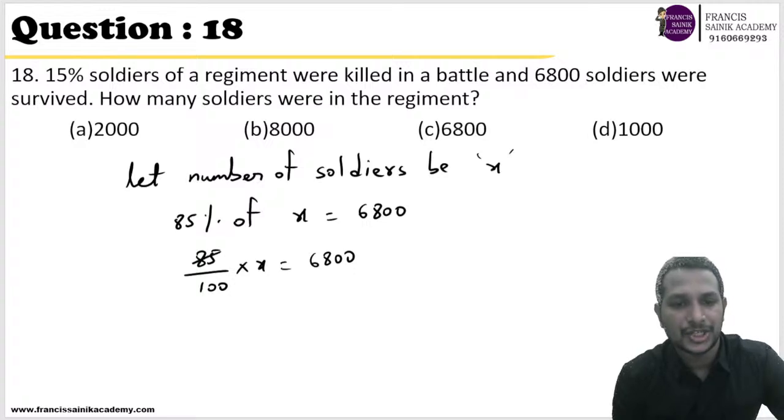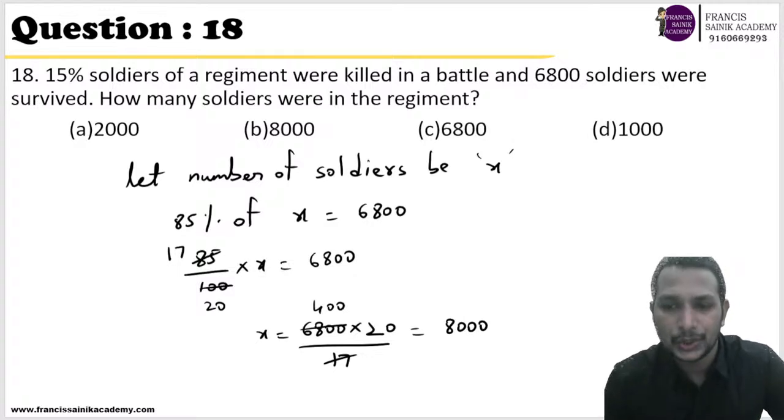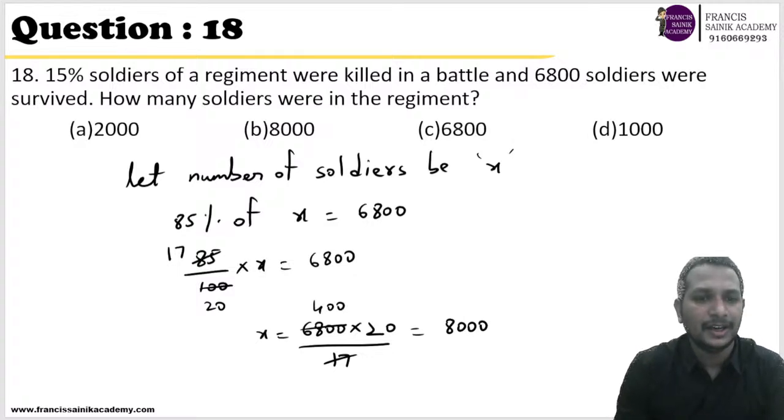Start with the calculation. 5 17s are 85, 5 20s. X equals 6,800 into 20 by 17. 1700 into 20? 8,000 soldiers. Totally 8,000 soldiers are in the regiment.